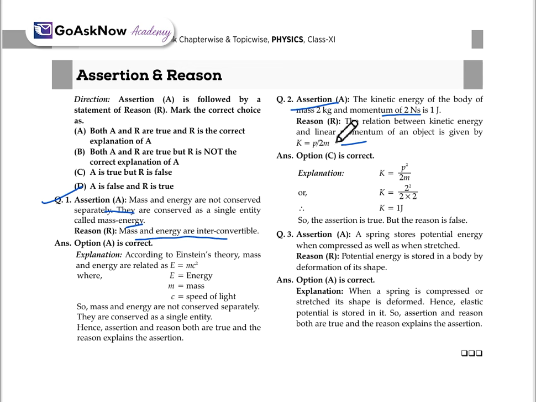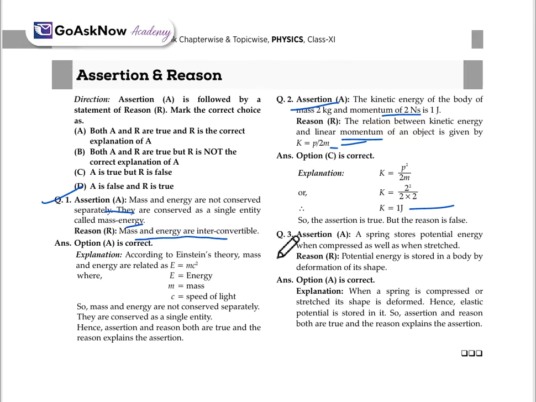But when we come to the reason, the relation between kinetic energy and linear momentum of the object is given by this. No, this is not the relation between both of them. So here we can conclude that A is true, that's fine, but R is not true. This is not correct.